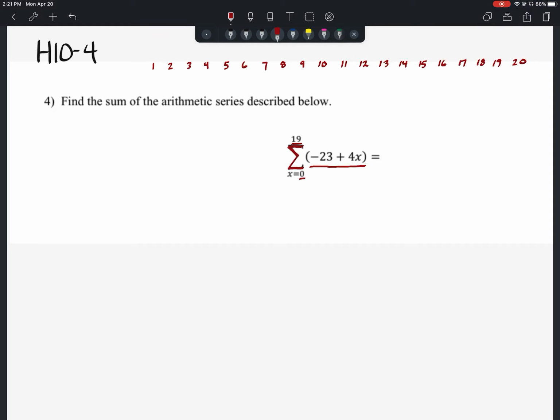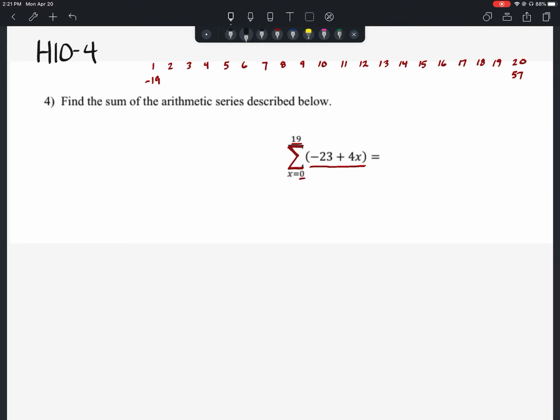Okay, so in the previous problem, we said our a sub 1, our first term, was, I believe, negative 19, and you can go back and check that if you want. And we said that our 20th term was, I believe, 57.